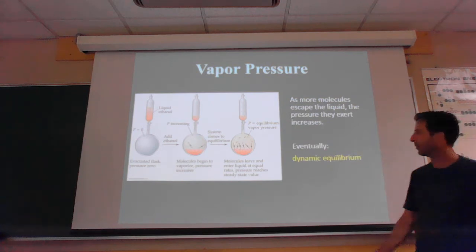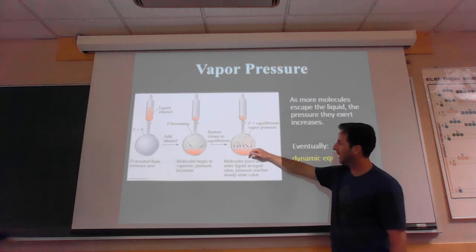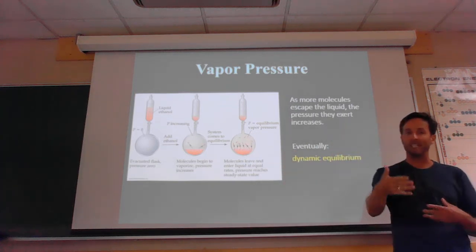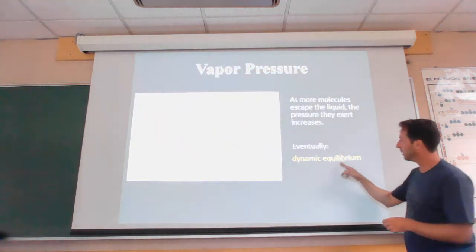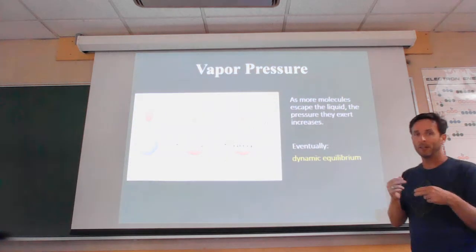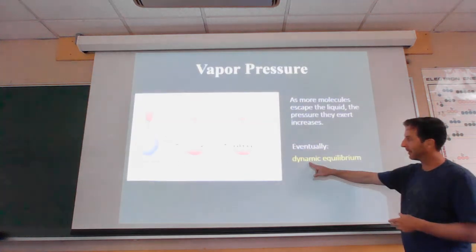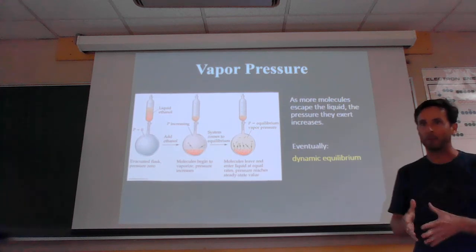So once it reaches the point where the number of molecules escaping and the number of molecules crashing back down equalize each other, again, chapter 15 this semester is all about equilibrium. So equilibrium is when two processes that are competing with each other balance each other out. And the word dynamic means it's not that they balance each other and then stop.